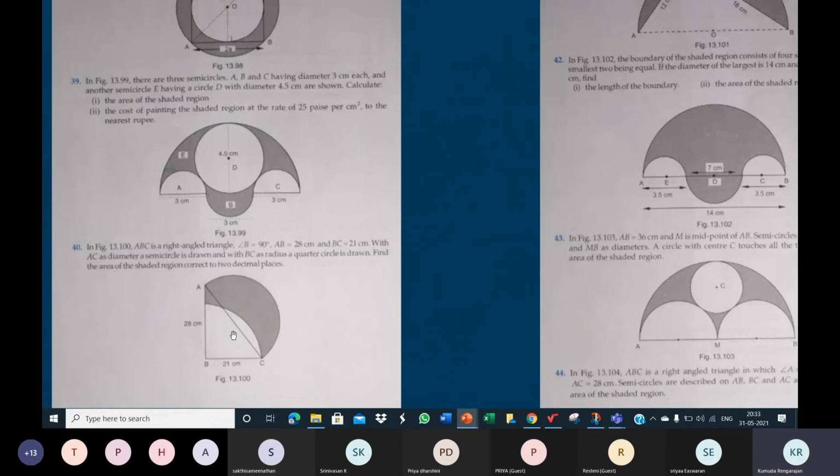What's the area of the quadrant? 346.5 square centimeters. No, I want one uniform answer for the area of the quadrant. Ma'am, 346.5.